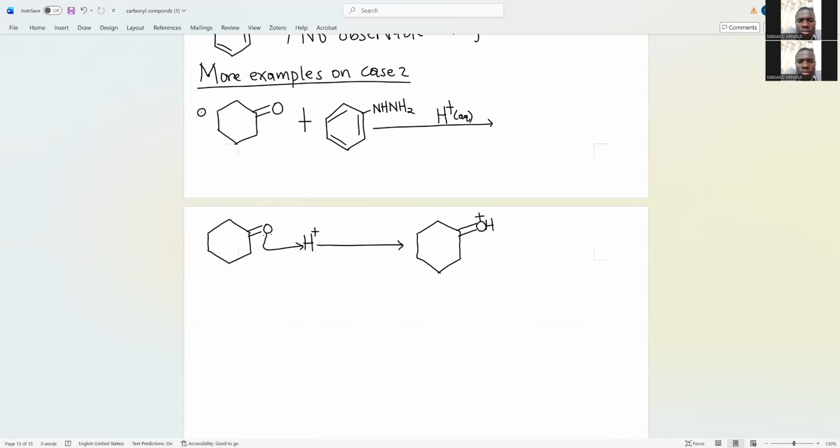Therefore, we need to donate electrons to it, as a way of giving it electrons and also as a way of using the bonds on it. Now, once we give it electrons, the carbon at this corner becomes electron deficient.